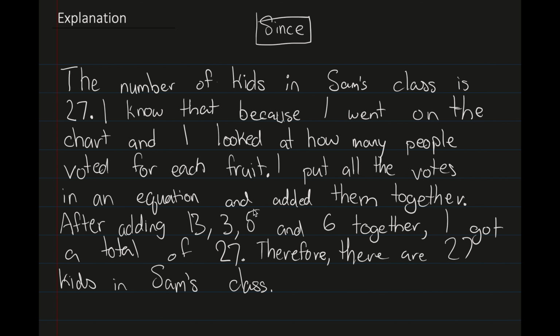It looked like a 6. So, what I did, I edited it so it looked like a 5. So we make it look readable and make sure there's no mistakes. So I read it. I don't think I found any mistakes. Explanation is ready to go.